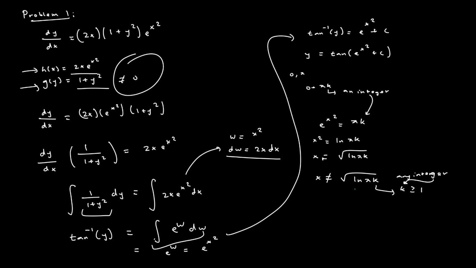And one thing I did over here is I just ignored this plus c and considered it to be 0. But if you want to be perfect and exact, we just need to add this plus c, like c plus e to the power of x squared is equal to pi k is an illegal value, and therefore our whole analysis would have been ln of pi k minus c over here, and then square root of ln of pi k minus c, and then x is simply not the square root of ln of pi k minus c.